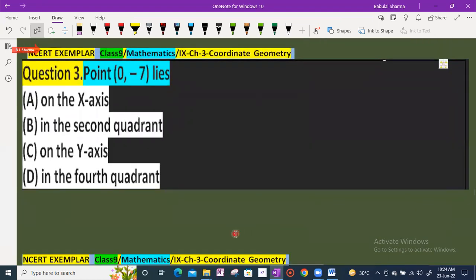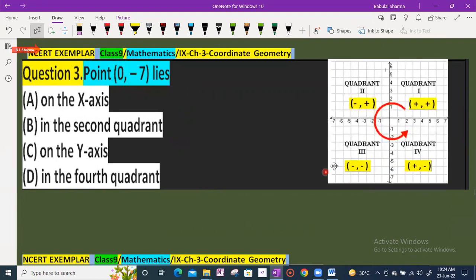Next question is now on your screen. 0, -7 lies on. We know the x coordinate is 0 and y coordinate is -7. Students, please keep in mind that whenever x coordinate is 0, the point will lie on y axis. किसी भी पॉइंट का x कोऑर्डिनेट 0 होता है तो वो पॉइंट हमेशा ही y कोऑर्डिनेट पे लाई करता है.